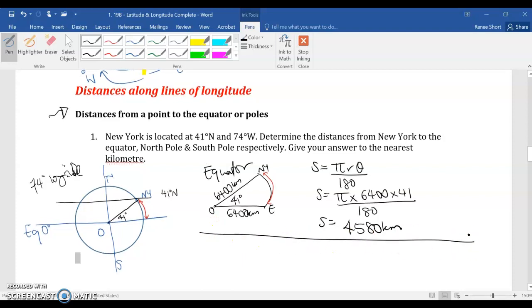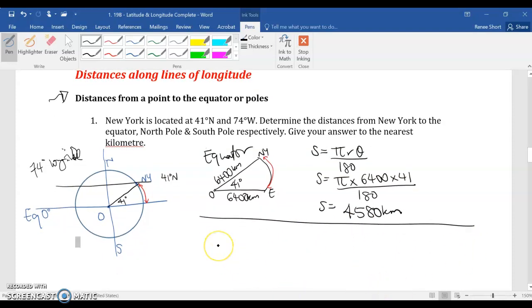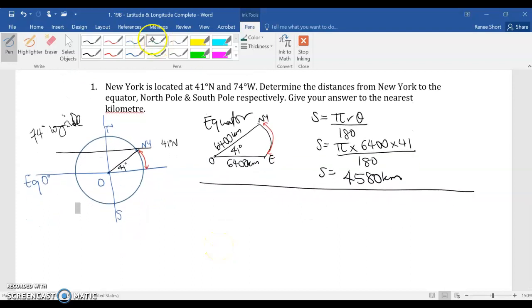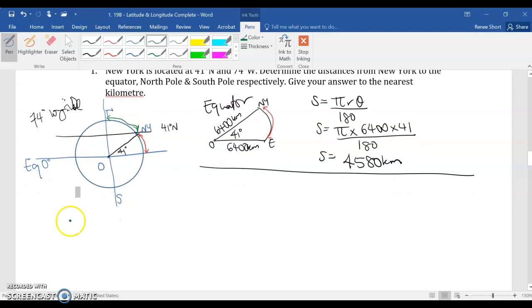Now, the rest of the question asks me to find the distance to the North Pole and to the South Pole. If we're wanting to find the distance from New York to the North Pole, that's this green part here. So for the North Pole, we now want to work with this top wedge. I've got N for North Pole, O for the center, and New York.